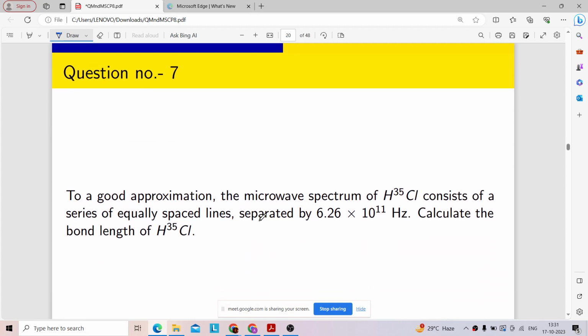To a good approximation, the microwave spectrum for HCl consists of a series of equally spaced lines separated by 6.2 times 10 to the power 11 Hz. Calculate the bond length of HCl. Any idea how to proceed with this question?